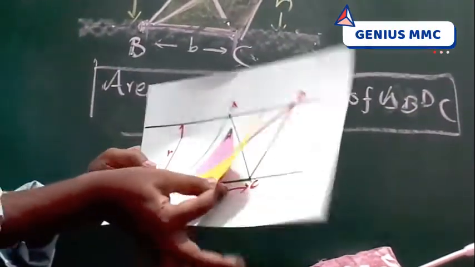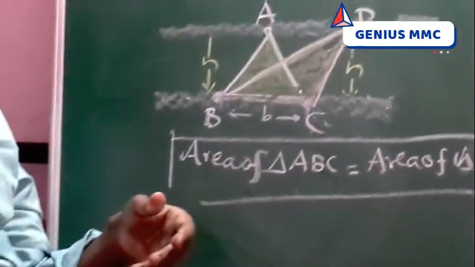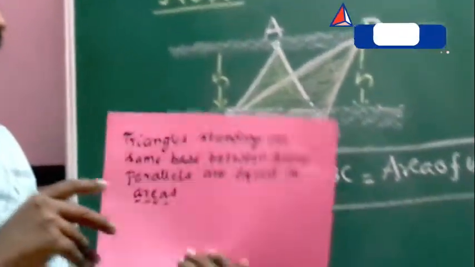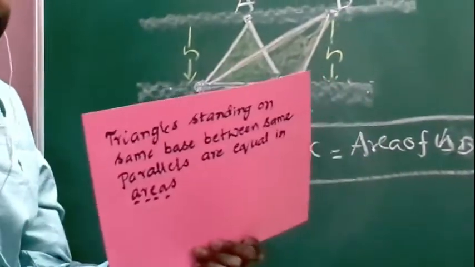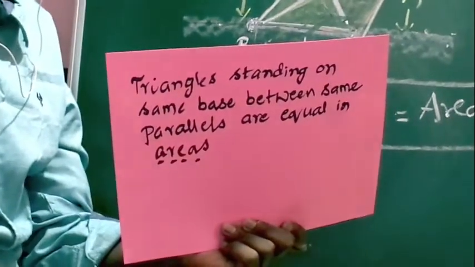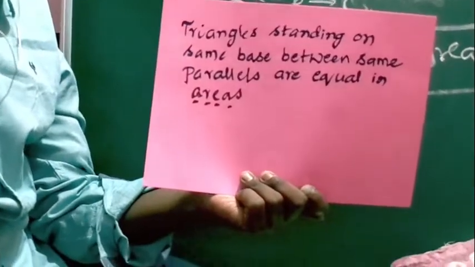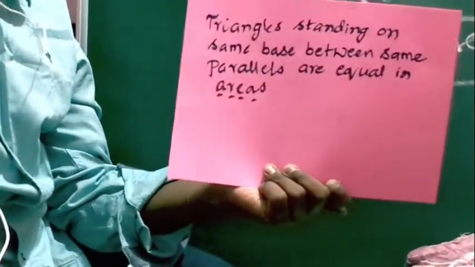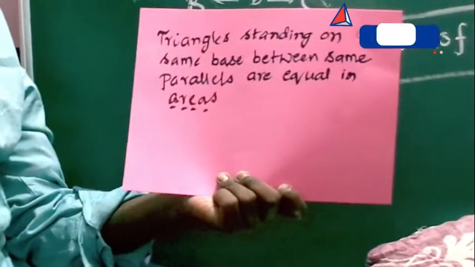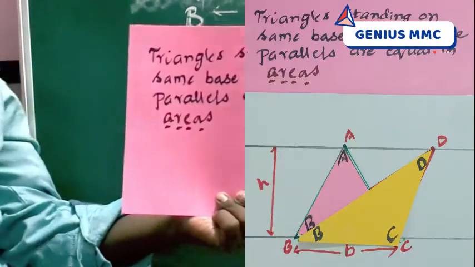So this concept we have to apply for the theorem. This is the statement: triangles standing on the same base between the same parallels are equal in areas.